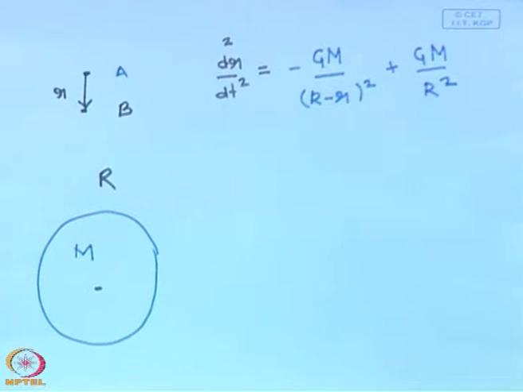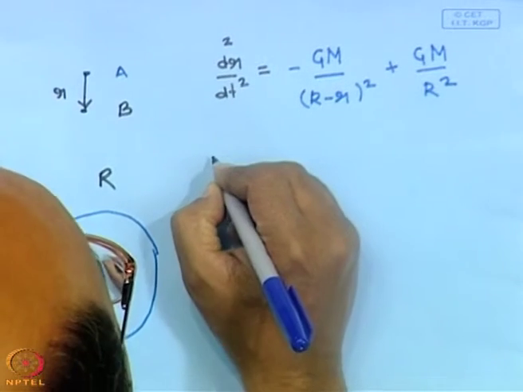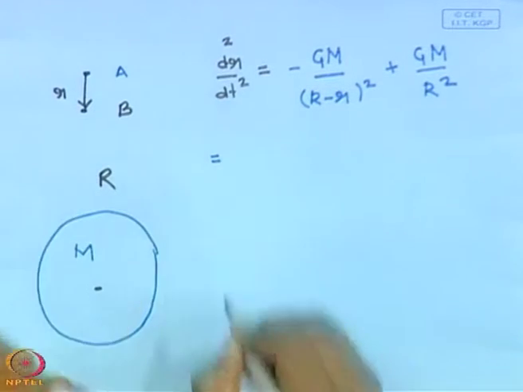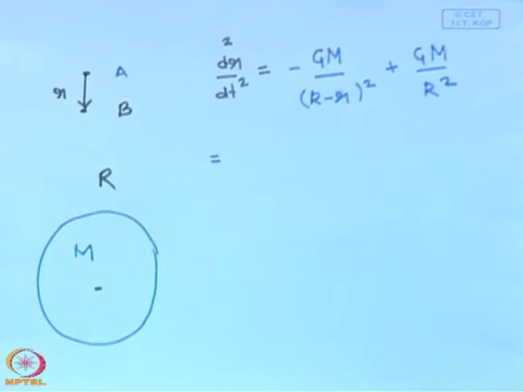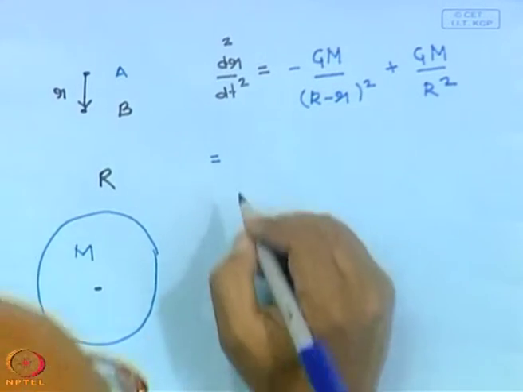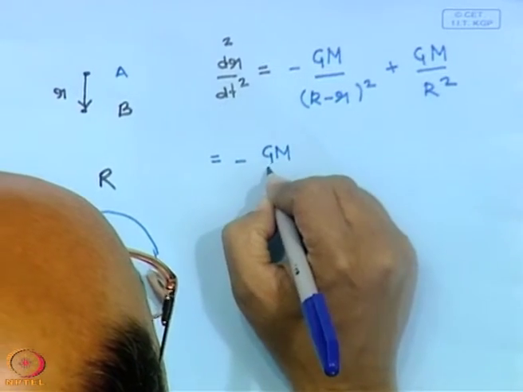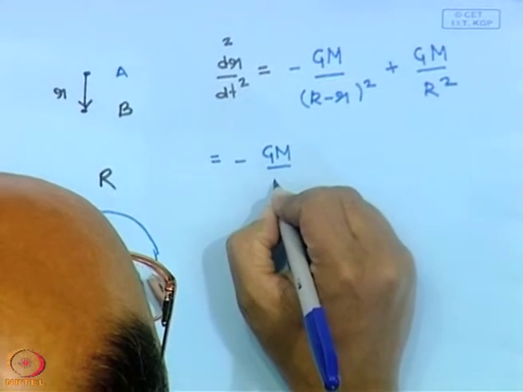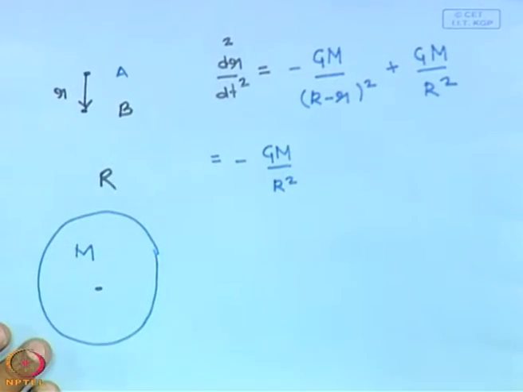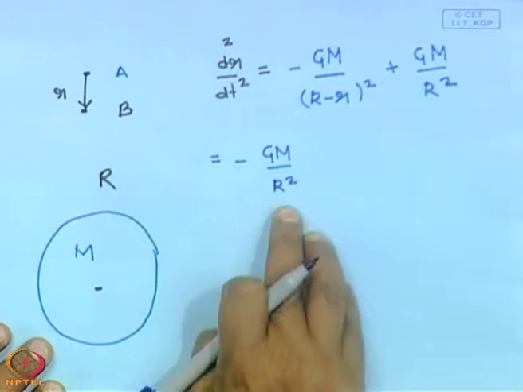Okay. And the right hand side can be written as minus Gm by r square, right. I am writing this term as Gm by r square.